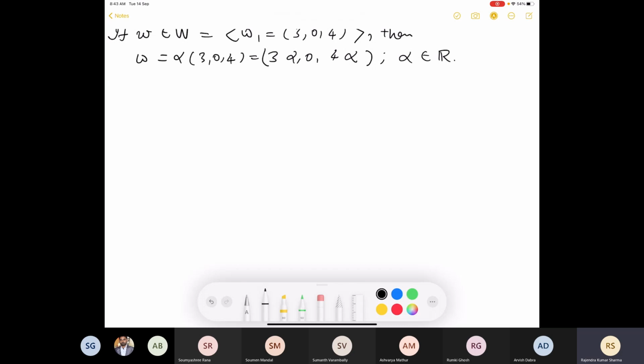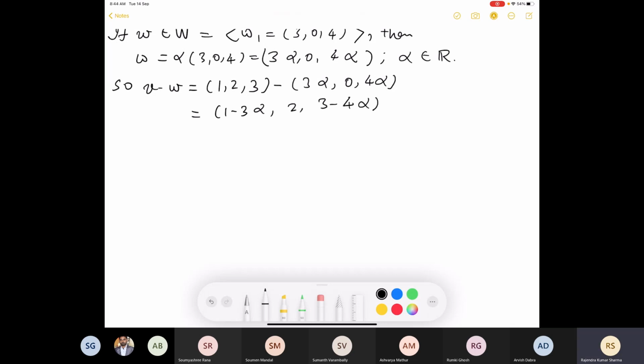So V minus W, with V fixed as (1, 2, 3) and W as (3 alpha, 0, 4 alpha), is (1 minus 3 alpha, 2, 3 minus 4 alpha).